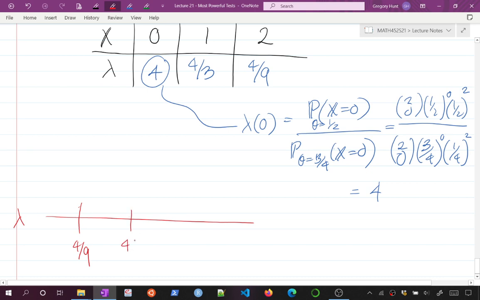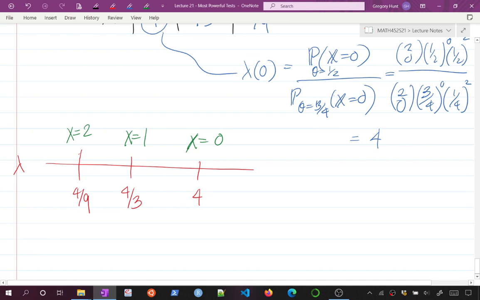The next one is 4/3, that's slightly larger, and then 4 is somewhere over here. And what we need to do is choose our value of c. So maybe I choose my c there, and I'm going to reject, or maybe I choose my c there. Notice that it doesn't really matter if I choose c here or there, because we're going to reject in the same places. So this is x equal to 2, this is x equal to 1, this is x equal to 0.